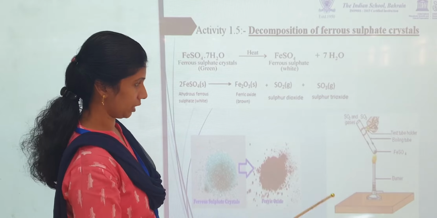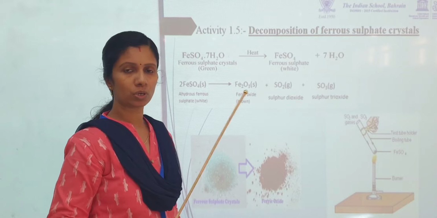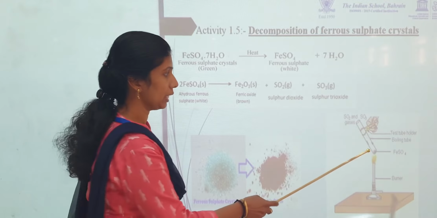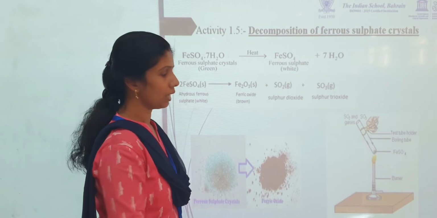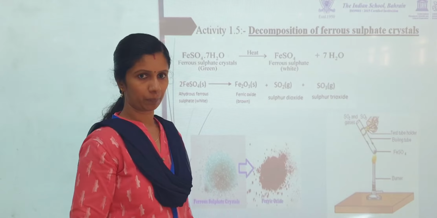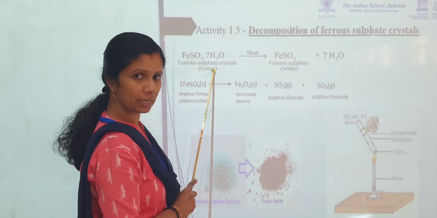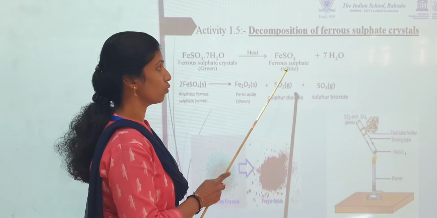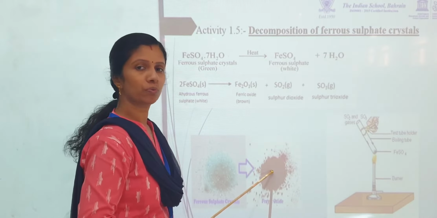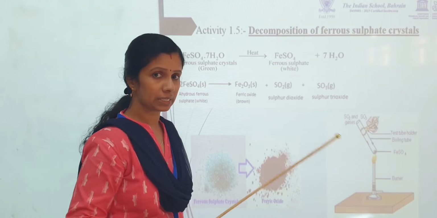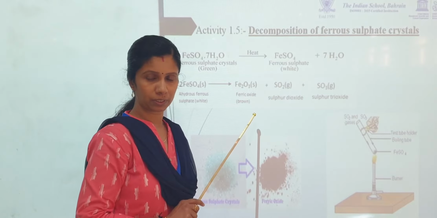Now how to do this activity? You have to take about 2 grams of ferrous sulfate crystals in a dry boiling tube. Hold it with a test tube holder and heat it over a burner. During this reaction, we will observe the green color ferrous sulfate crystals first change to white in color and then to brown ferric oxide, and we will get a smell of burning sulfur, and this is due to the formation of sulfur dioxide.